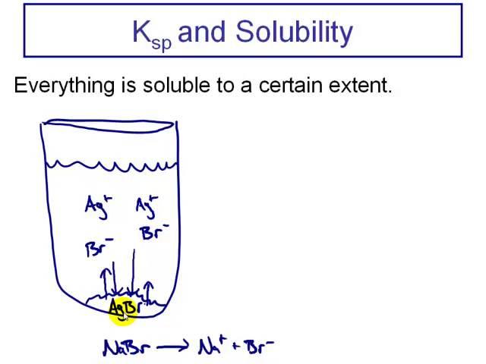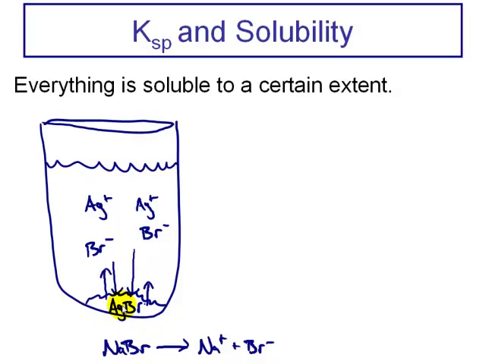Now here's the thing: for that solution where it is at equilibrium, we would say that that solution is saturated, because once those two things are happening at the same rate, there will still be some silver bromide left on the bottom of the beaker. This will not all have dissolved. Some will, but there'll still be some left.